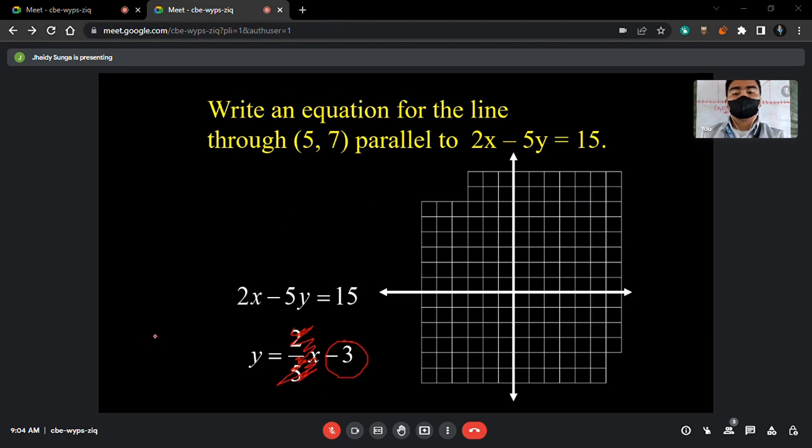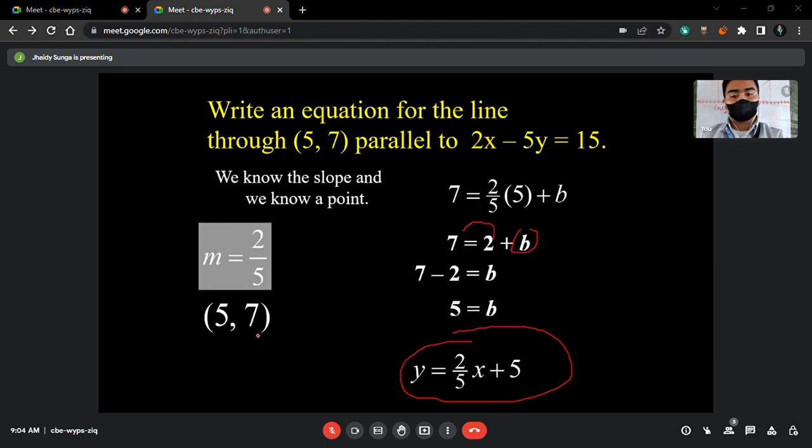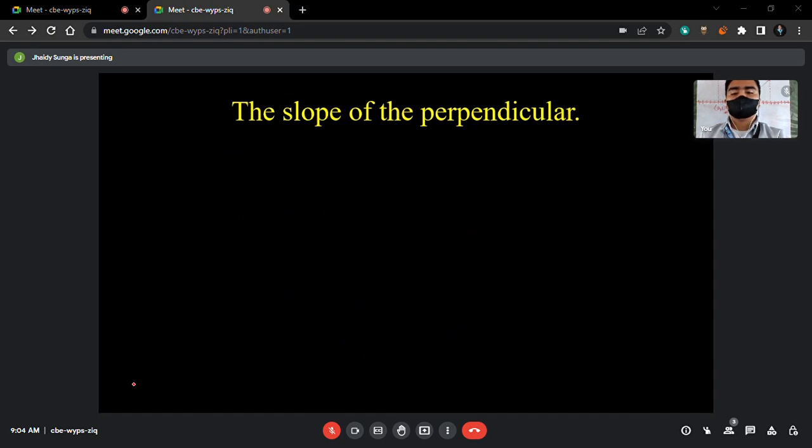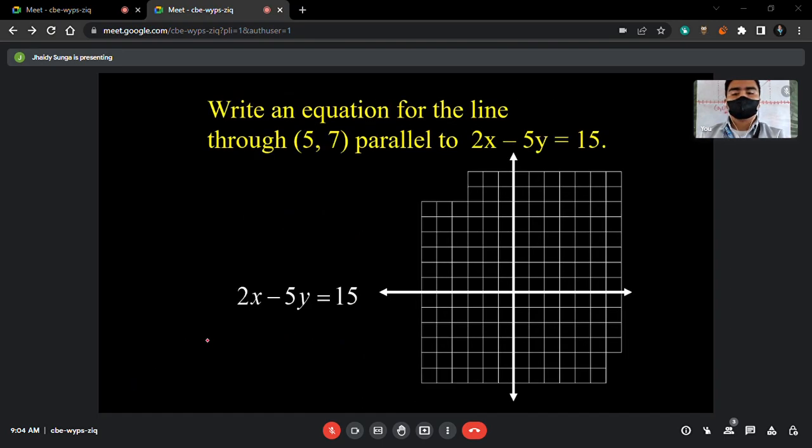Also, that should be negative 5. But in our case, because it's a typo, let us just say, for example, that it is -3 po. For example po, no? Now, we have the intercept.